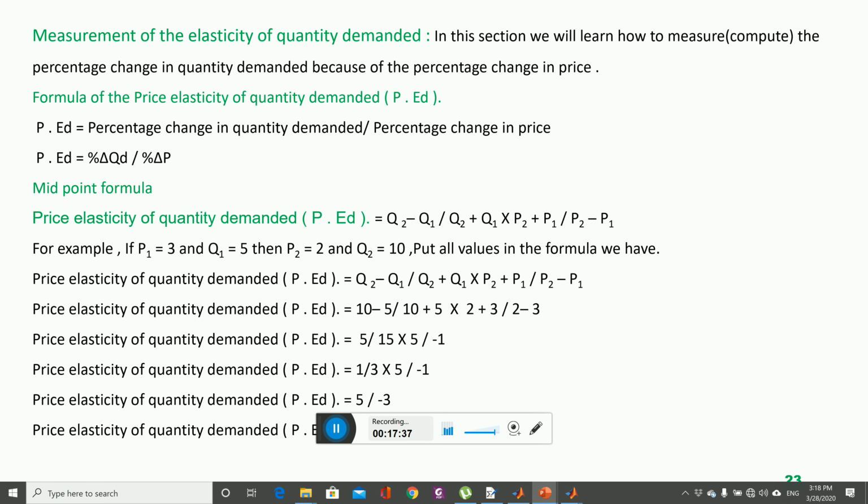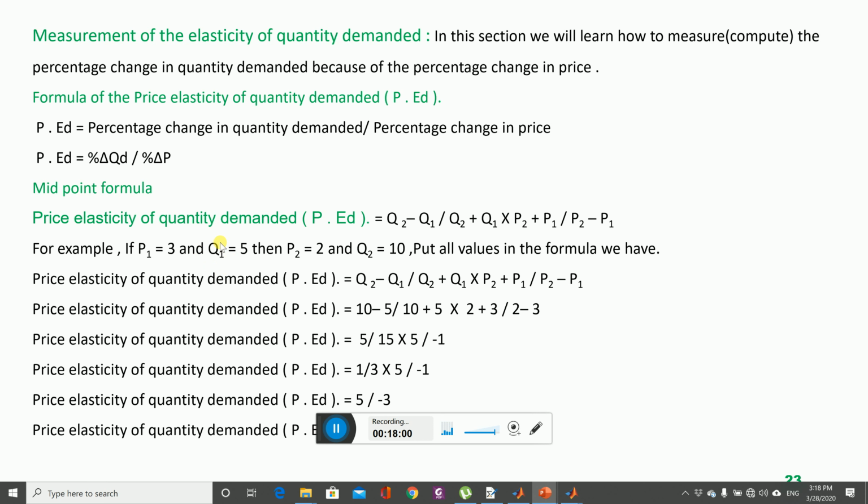According to the law of demand, when price changes, quantity demanded of any particular commodity will change. That is why P1 and Q1 are one situation and P2 and Q2 are another. For example, P1, the first price of the commodity, is 3.